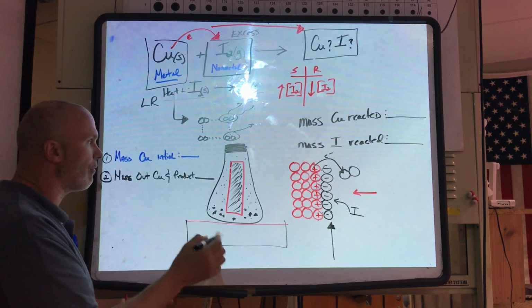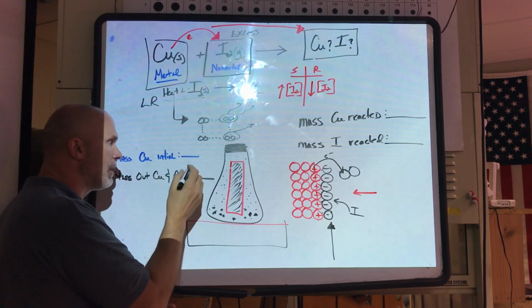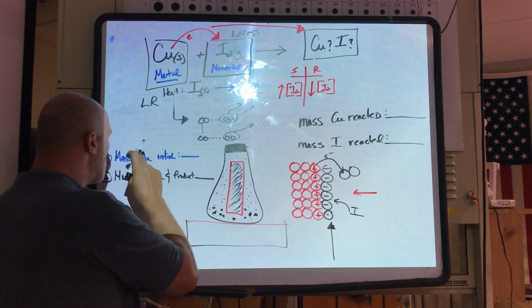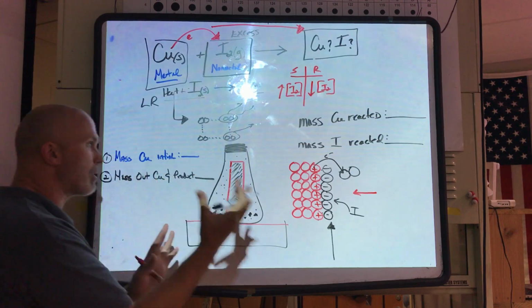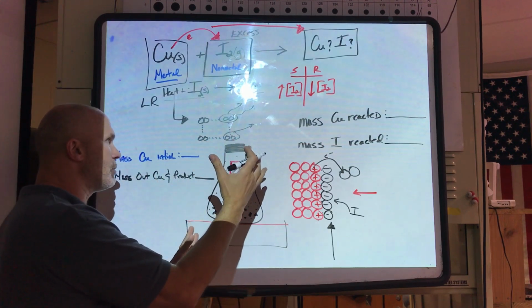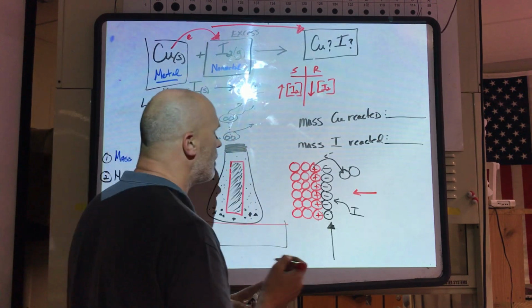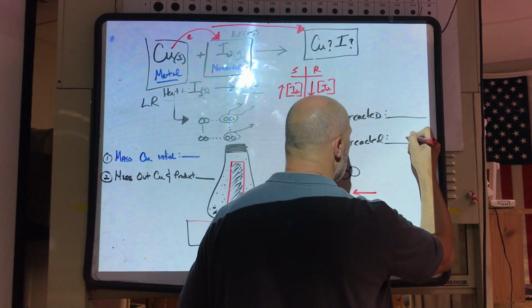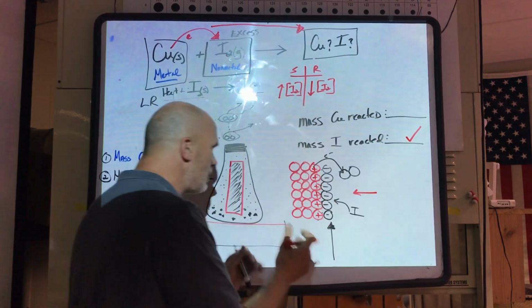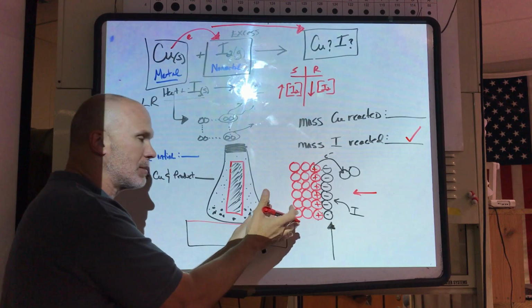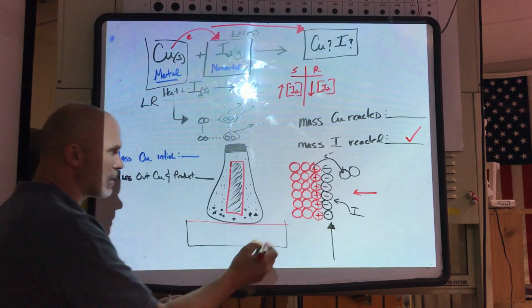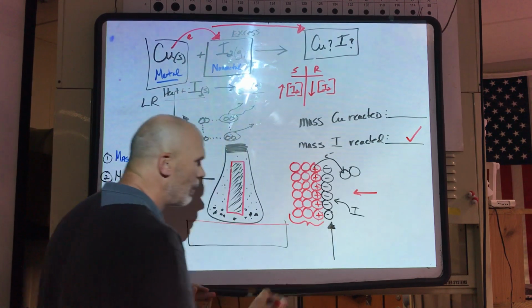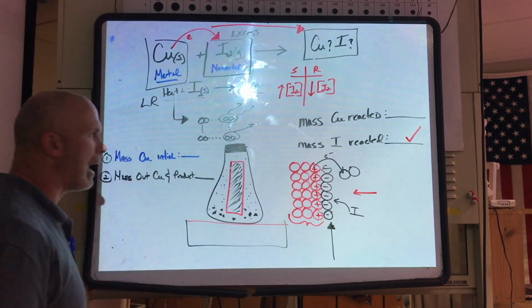Yes, it can flake off, but if you're careful and measure it, this is a little higher. When you subtract the copper from the larger value where the iodine attached itself, that's going to give you the mass of the iodine reacted. You just added iodide to this. Yes, the copper reacted, but it's still there. So the same copper is still there, and you added the iodine.